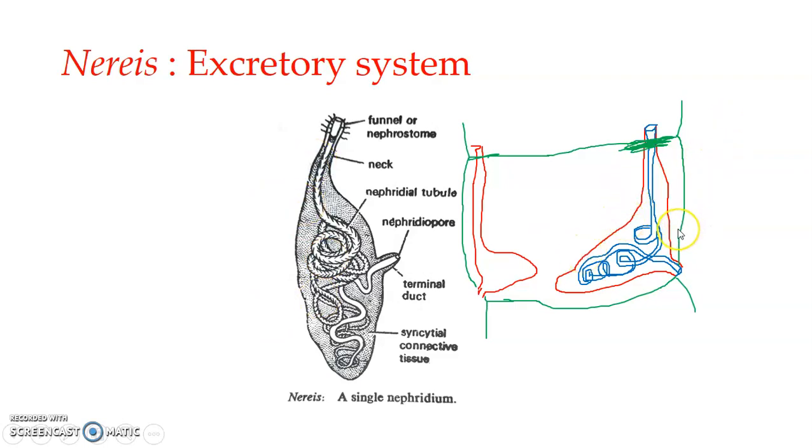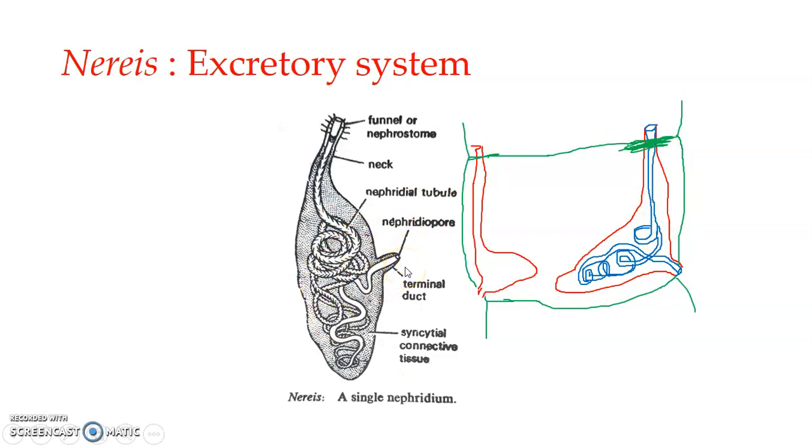The gland cells forming the wall of the nephridial tubule remove waste materials from the blood and finally discharge them through the nephridiopores. So it collects the waste materials from the blood into the nephridial tubule, and through the nephridiopore it is poured outside.